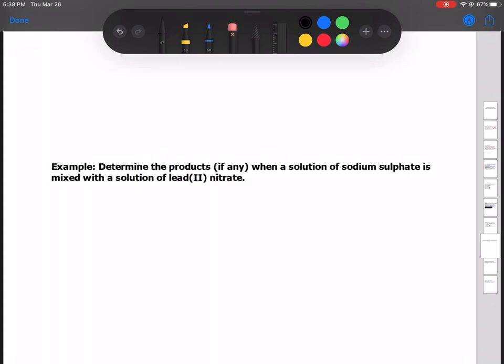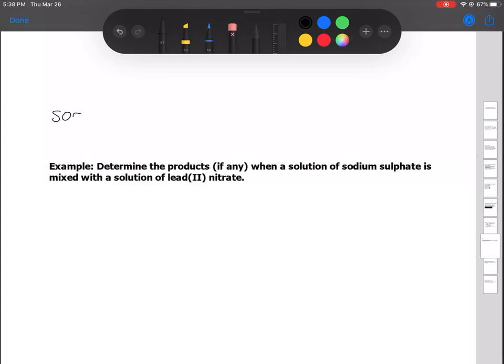Determine the products, if any, when a solution of sodium sulfate is mixed with a solution of lead 2 nitrate. Often, if you struggle with this, I encourage writing out the word equation. It doesn't matter which one you write first.